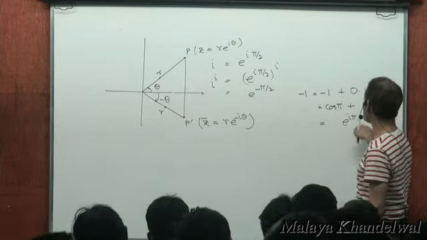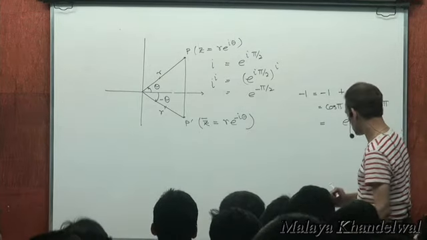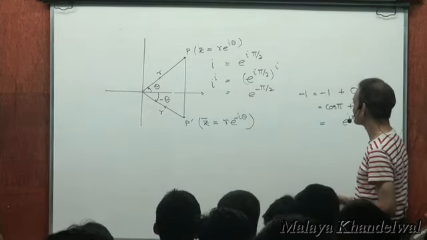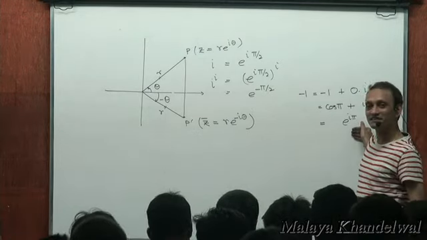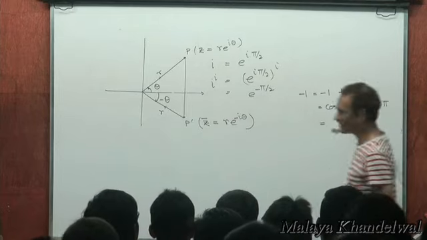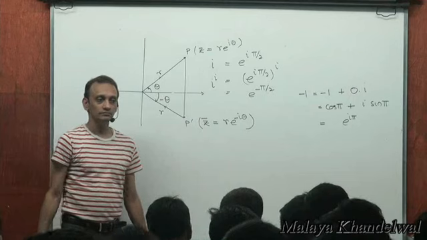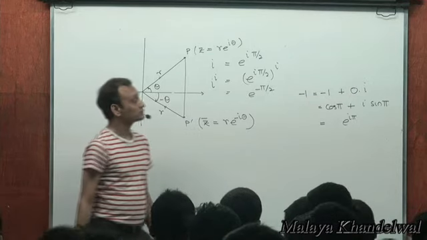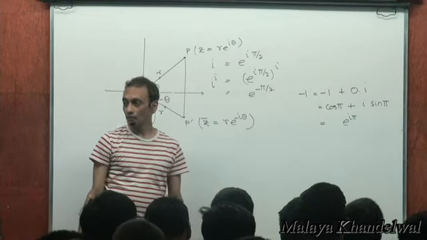Cos theta plus i sin theta is e power i theta, so this is e power i pi. Minus 1 is e power i pi. Clear?